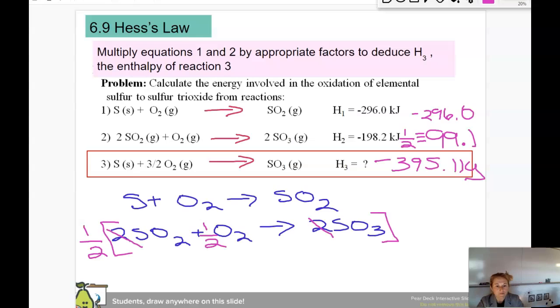Okay, so hopefully you saw that we didn't need to flip either of our steps, but that the second step needed to be divided in half. And where we first see that is that our product right here, we have 2 and we have 1.